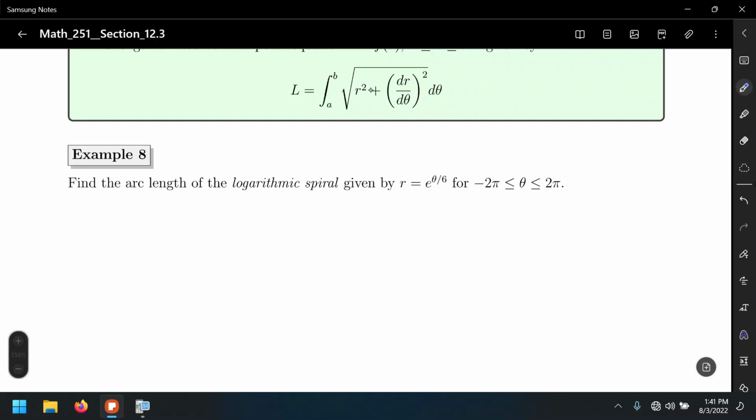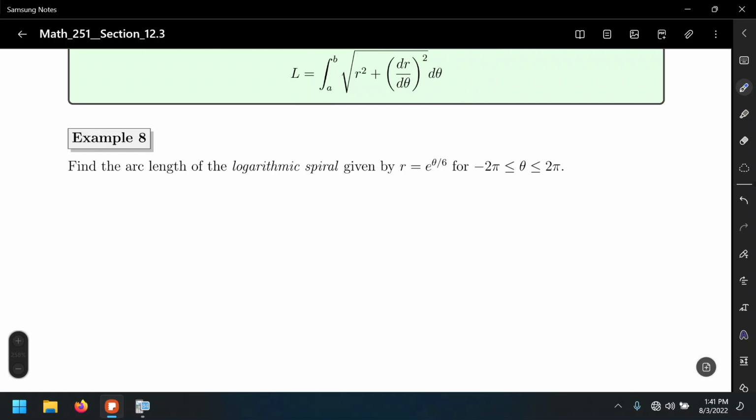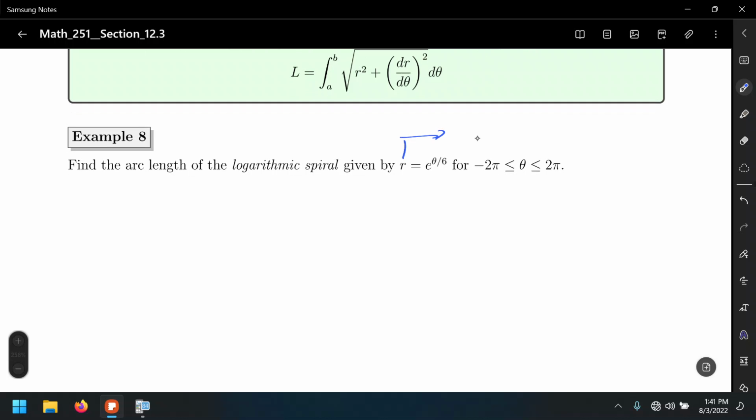Actually, we need to input in the formula both the function squared and its derivative squared. So let's find the derivative of this function, dr d theta. Well, the derivative of an exponential is always itself, e to the theta over 6, times the derivative of the exponent, which in this case is 1/6.